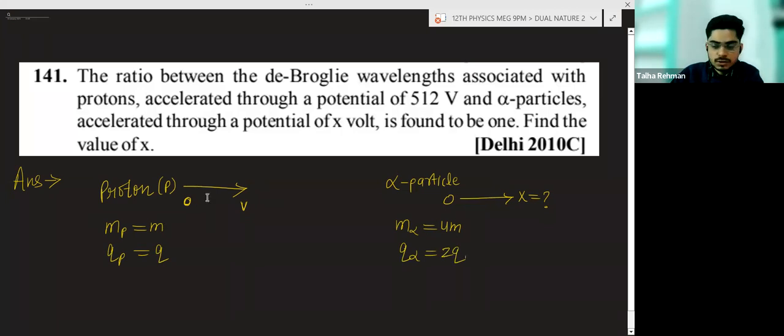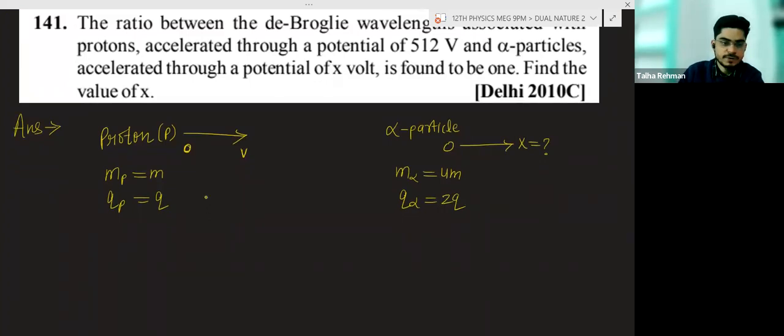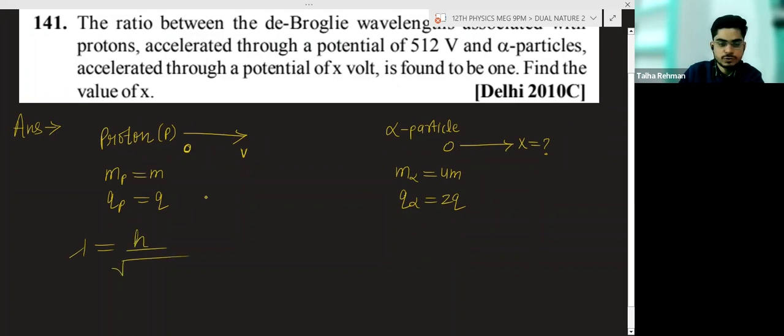Now there is a relation between the wavelength and the accelerating potential. Lambda is equal to h upon under root of 2mqV.